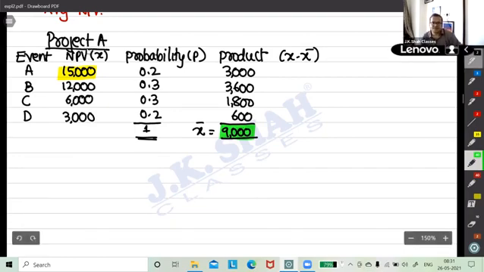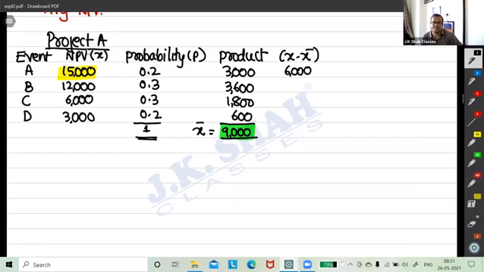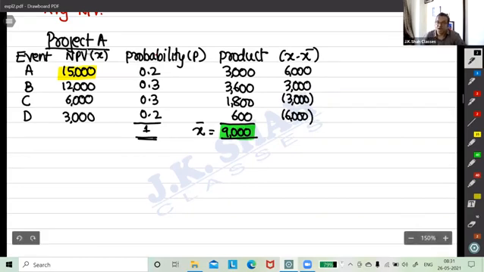So, 15 minus 9, 6,000. Okay. 12 minus 9, 3,000. 6 minus 9. Oh, minus 3,000. 3 minus 9. Oh, minus 6,000. Got it?